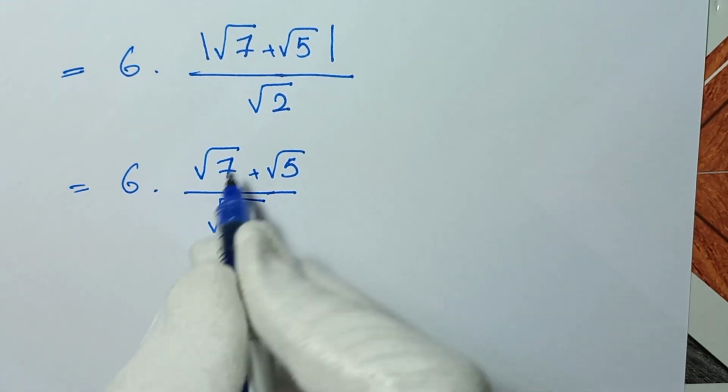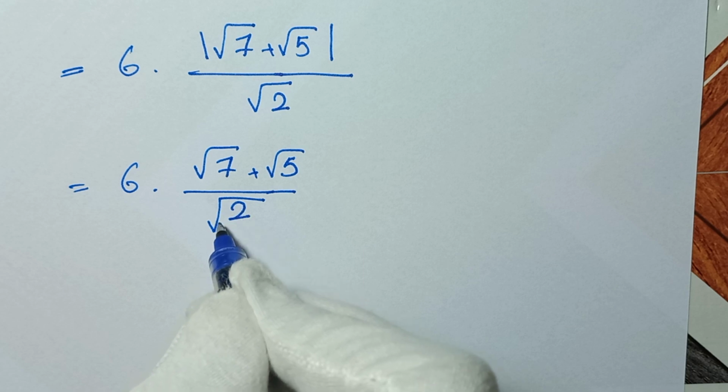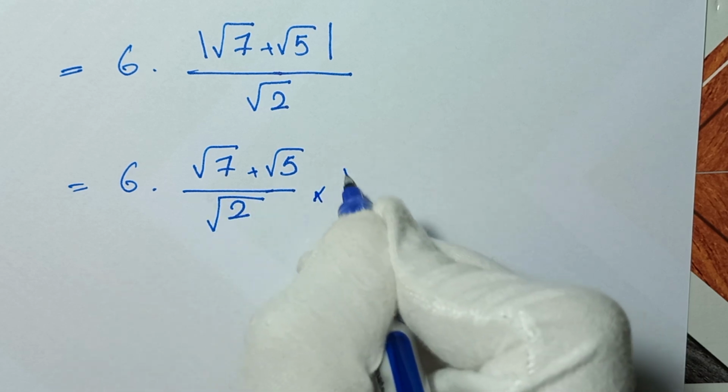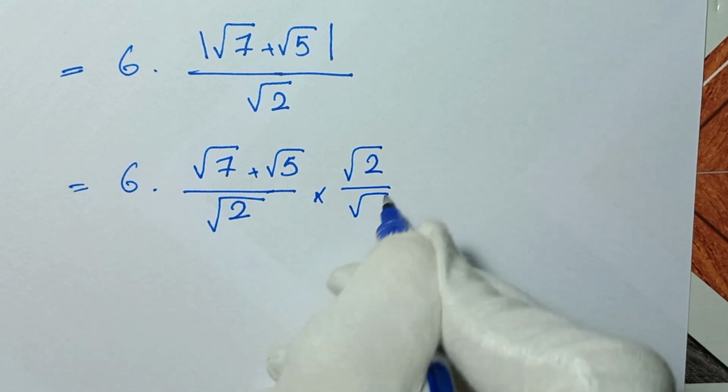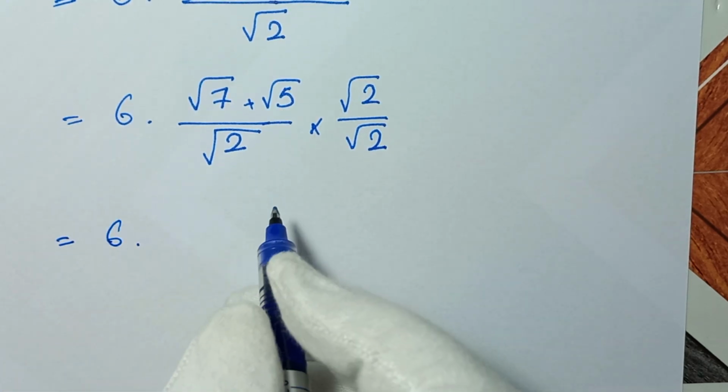Here we rationalize this fraction, so we multiply numerator and denominator by the square root of 2, and it will be 6 times.